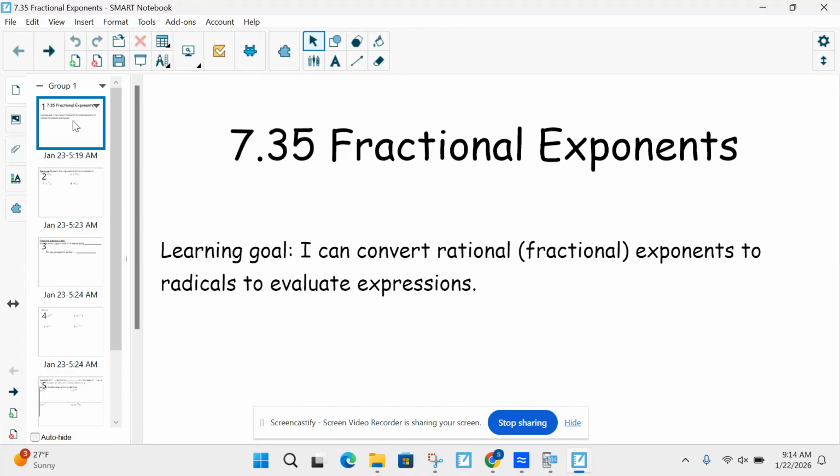So if you look at the one on the board, I just wrote that up there so that you know how to type in for your homework, but we'll be talking about how to convert from rational exponents to radical. Radical means like square root, cube root, anything that has a root with it, that's a radical function because it has the square root symbol.